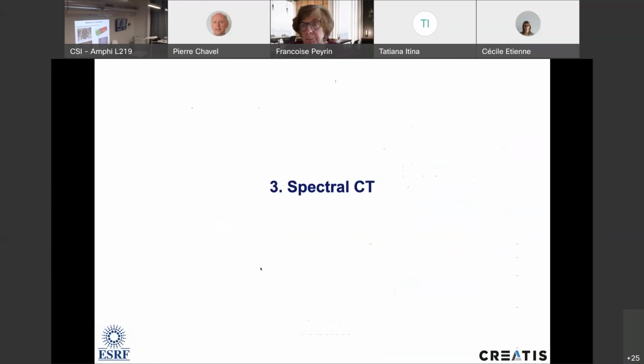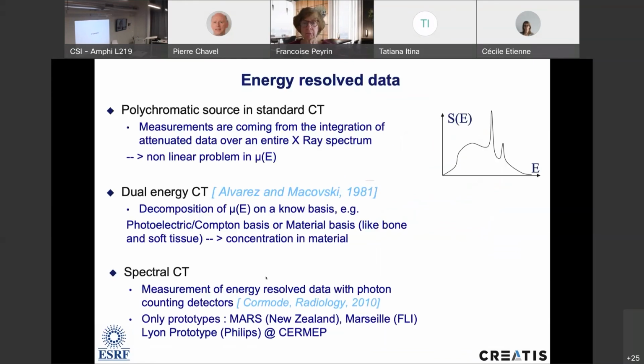And now I will finish on the spectral CT. The spectral CT is a new generation of X-ray CT that is being developed for clinical imaging. In standard clinical CT, our beam is not monochromatic.